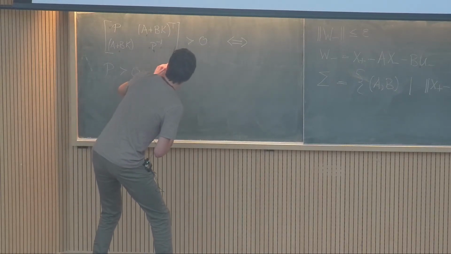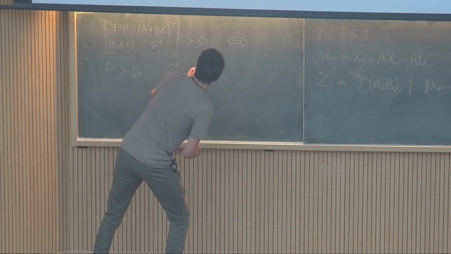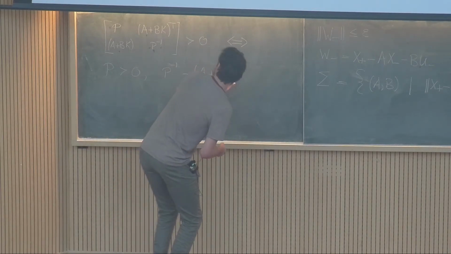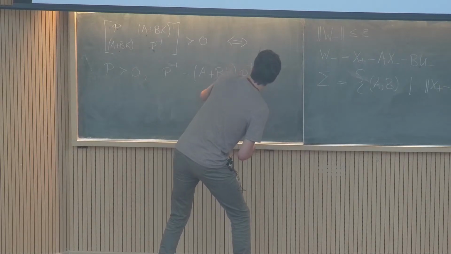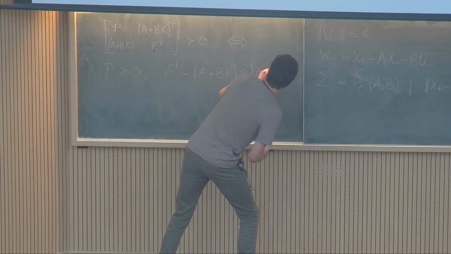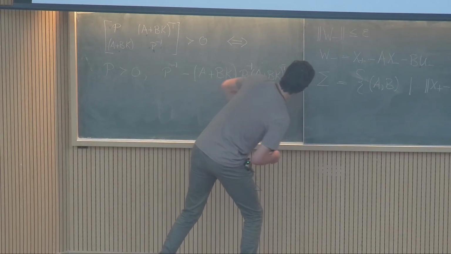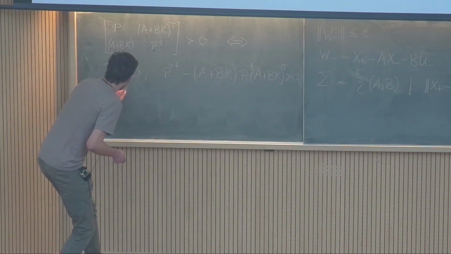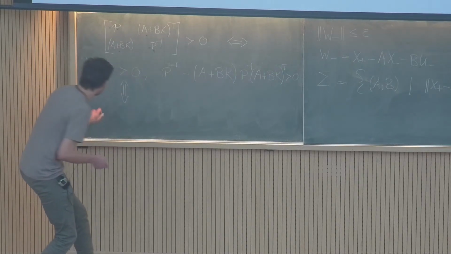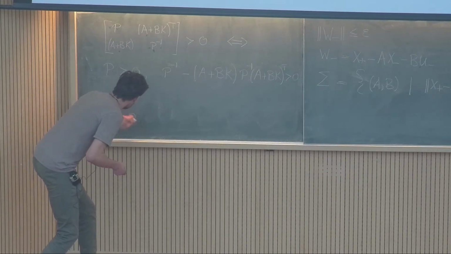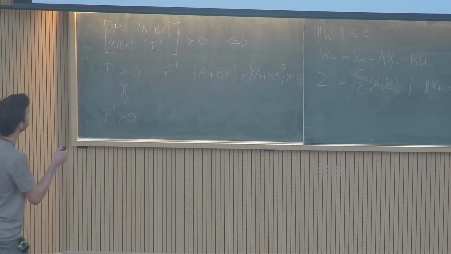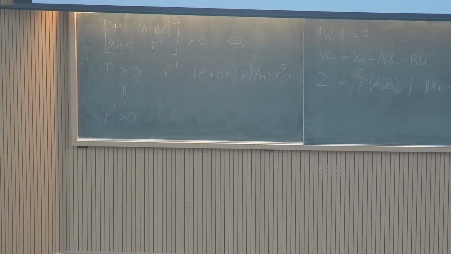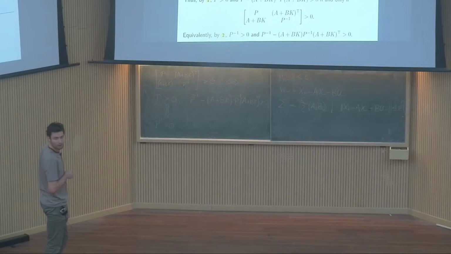So this is P inverse minus A plus BK, P inverse, A plus BK transpose is positive definite. We already know that P is positive definite if and only if P inverse is positive definite. So my conclusion is that this whole big matrix is positive definite if and only if P inverse is positive definite and P inverse minus A plus BK, P inverse, A plus BK transpose is also positive definite.